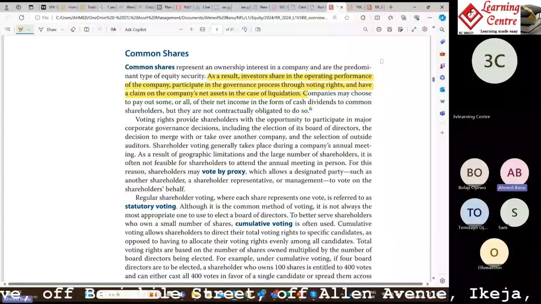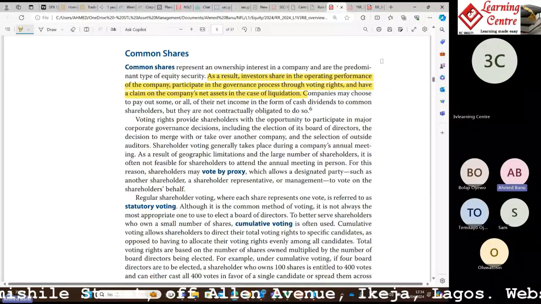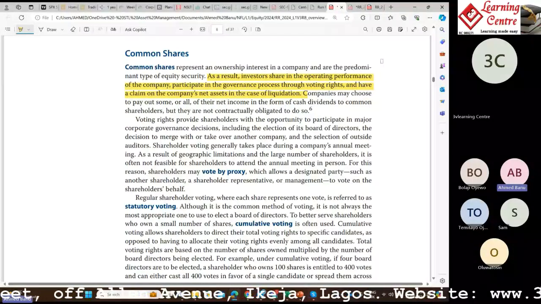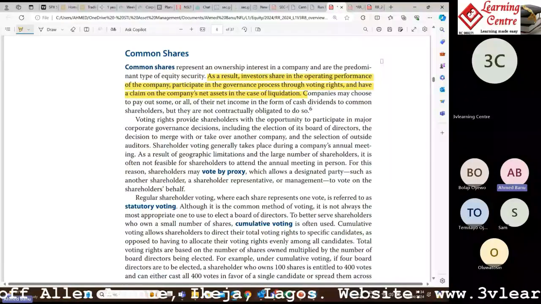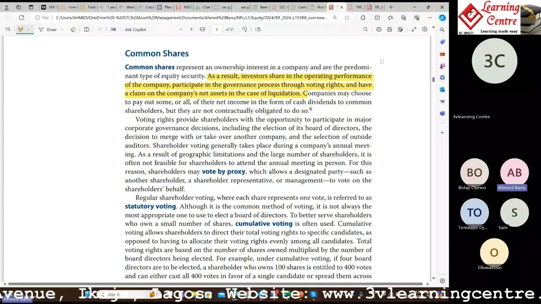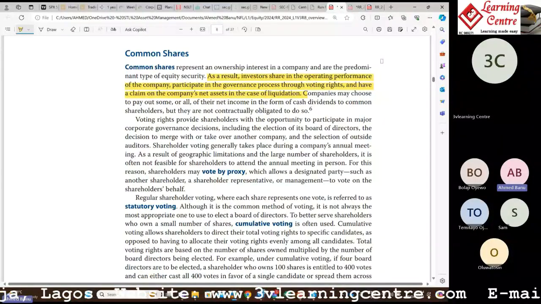Before the management can do anything significant based on their memorandum and articles of association, they have to get clearance from the shareholders. There's something we call a majority shareholding vote, meaning that a majority of the shareholders must agree to what they want to do.